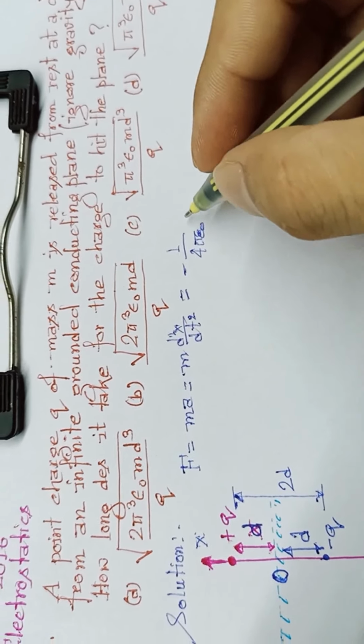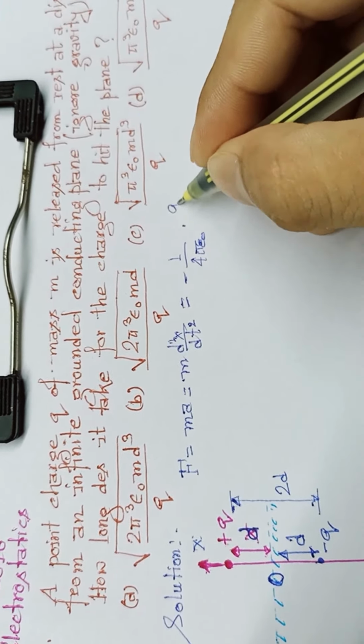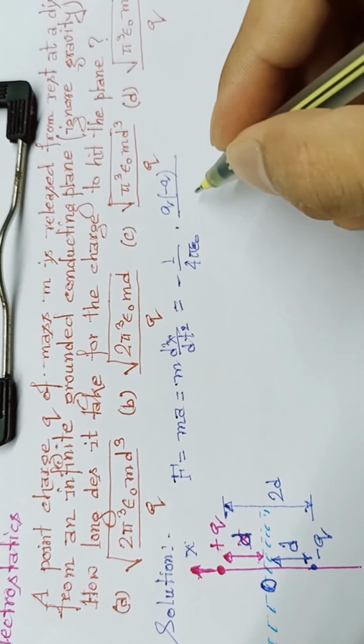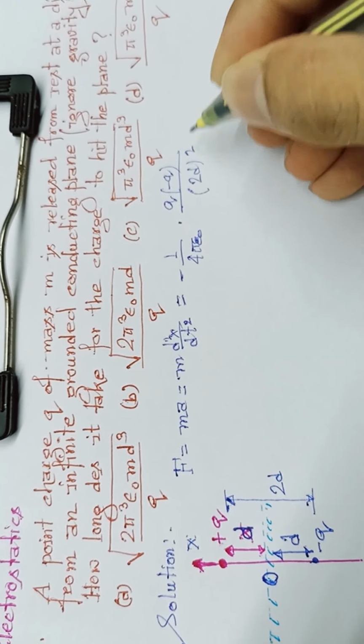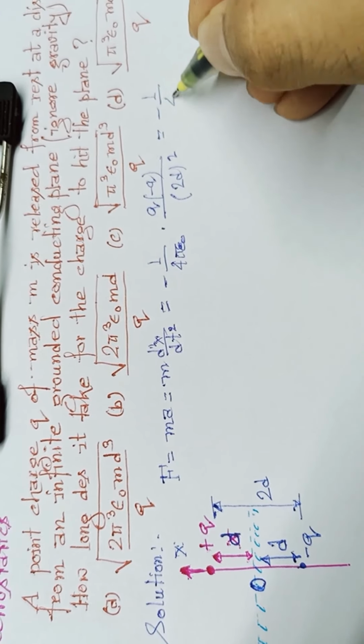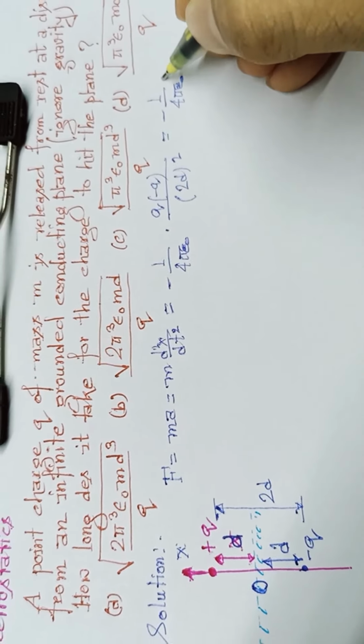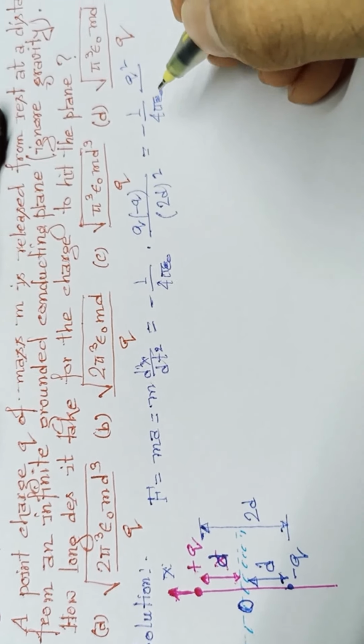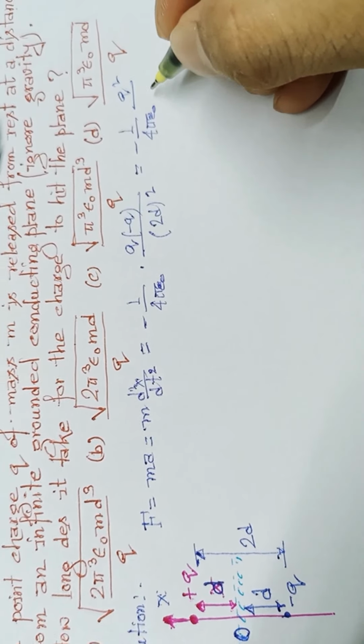So our force will be 1 divided by 4 pi epsilon naught, q into minus q divided by (2d) square. So the magnitude of this force will become minus 1 divided by 4 pi epsilon naught, q square divided by 4d square.